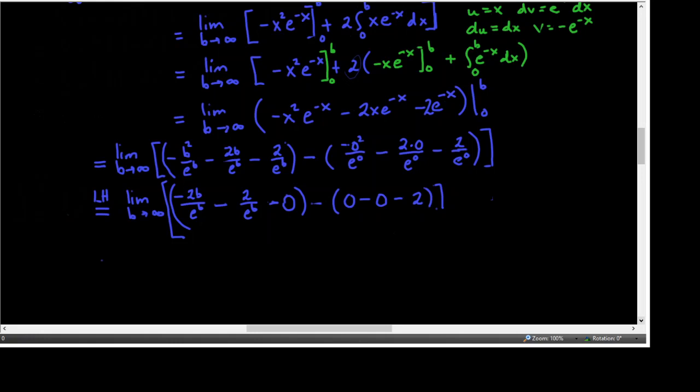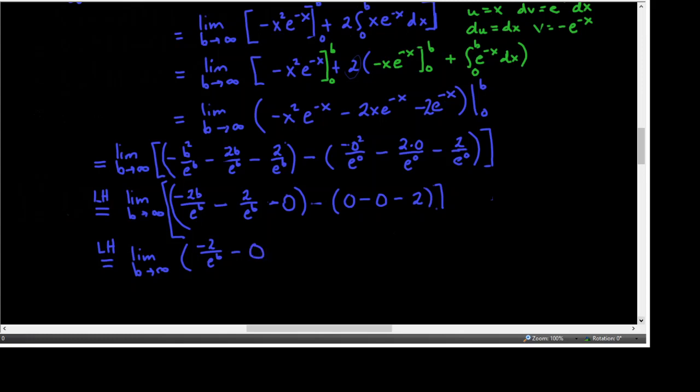Okay, now the first term is still eligible for L'Hopital's rule, because negative 2b over e to the b will go towards infinity over infinity, or negative infinity over infinity. So by L'Hopital's rule, taking the derivative, that first thing will become negative 2 over the derivative of e to the b, which would be e to the b, minus 2 over e to the infinitely large thing. 2 divided by an infinitely large thing is headed towards 0.